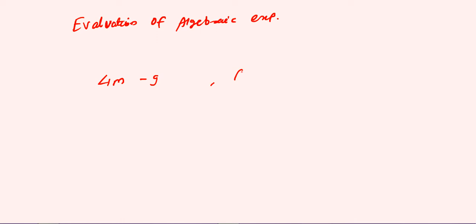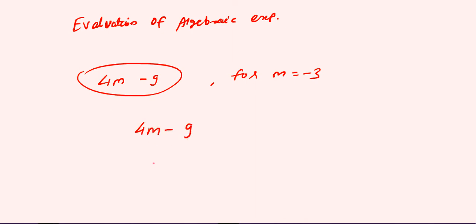Now the next topic is evaluation of algebraic expressions. For example, if you have 4m minus 9 and m equals minus 3, you have to evaluate this question. So first you have 4m minus 9.